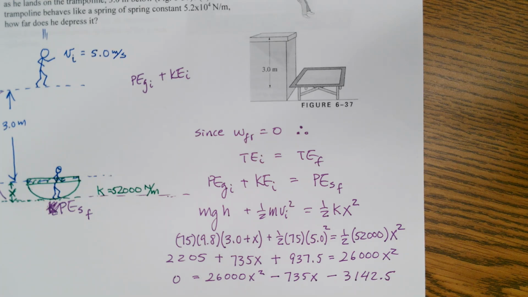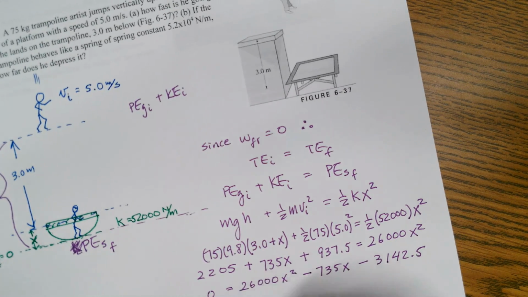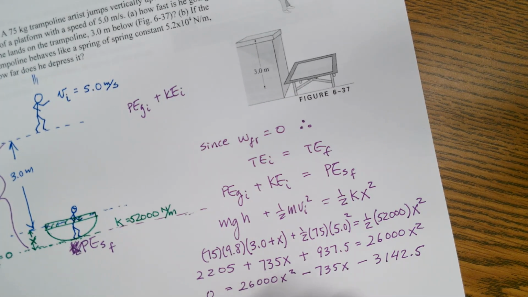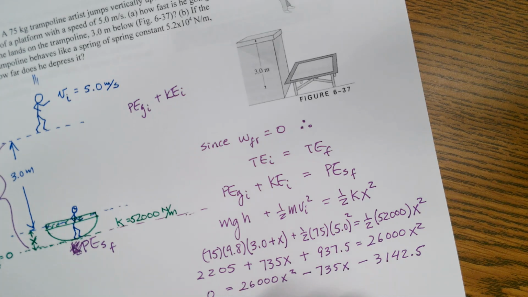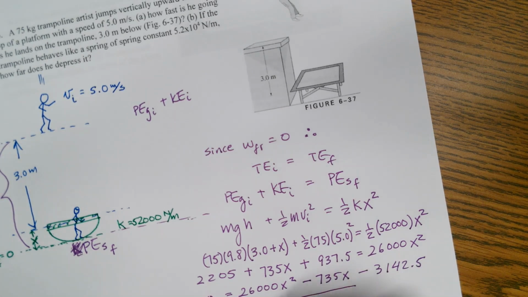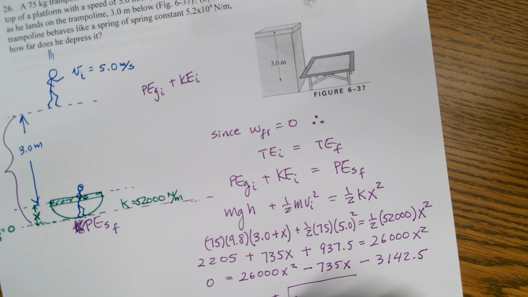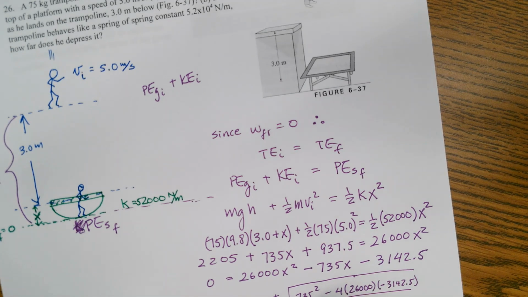So you can use the quadratic formula here. So x is equal to minus b plus or minus the square root of b squared minus 4 times a times c, whole thing over 2a.